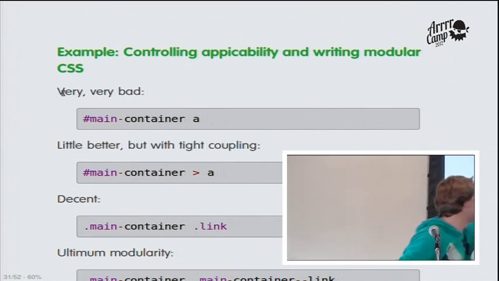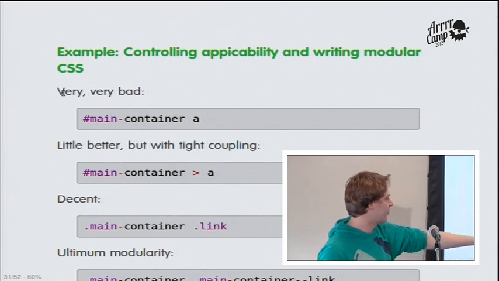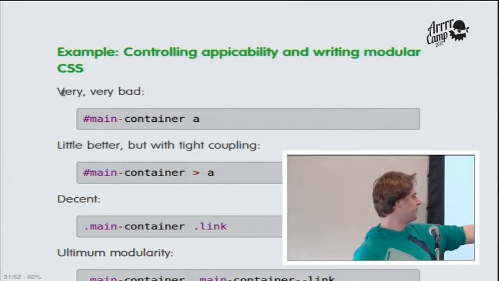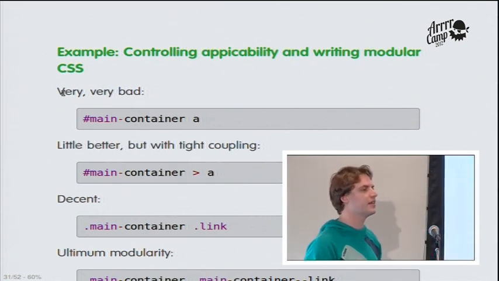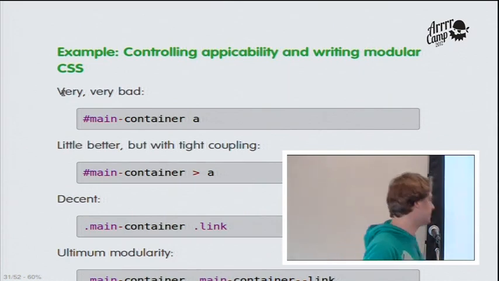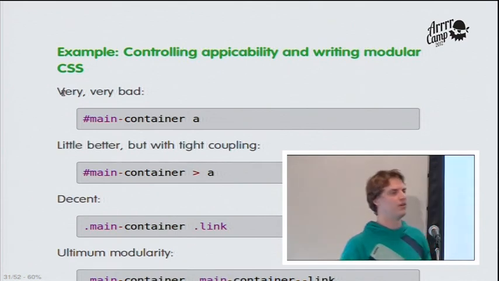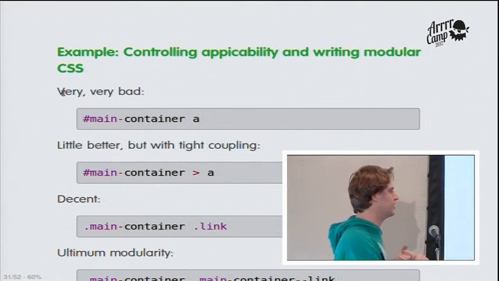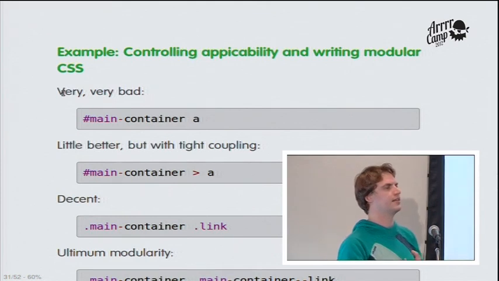So this part stays the same, but for the selector for the link, you namespace it. So this here says main-container-link. So in this case, it's totally obvious that we are only styling the links within the main container.